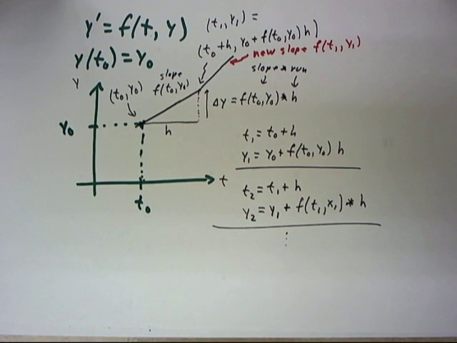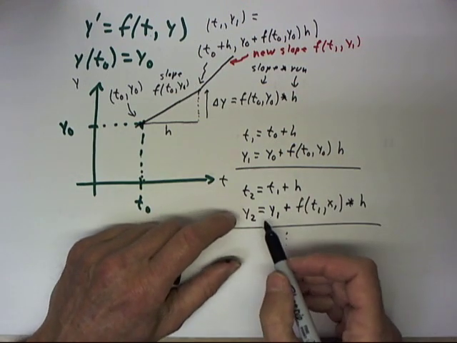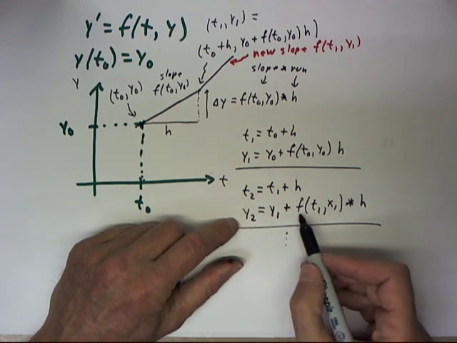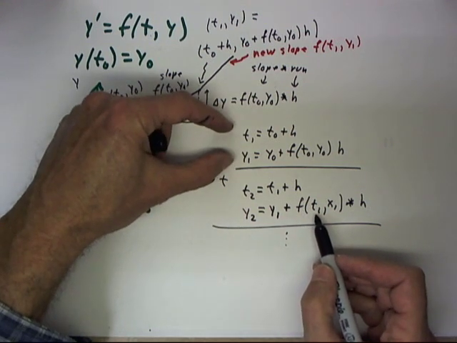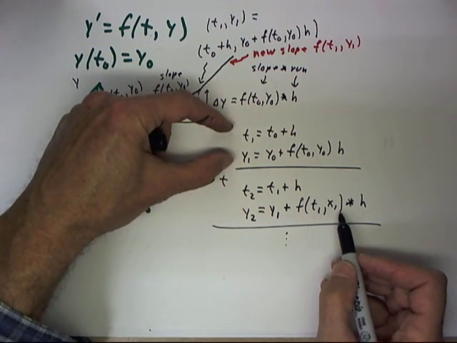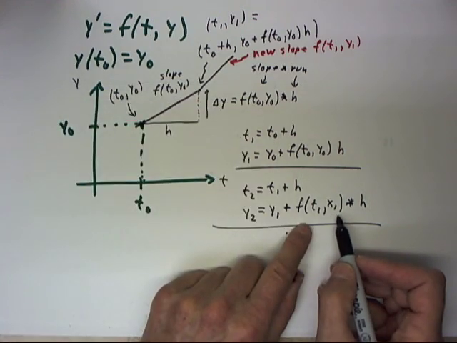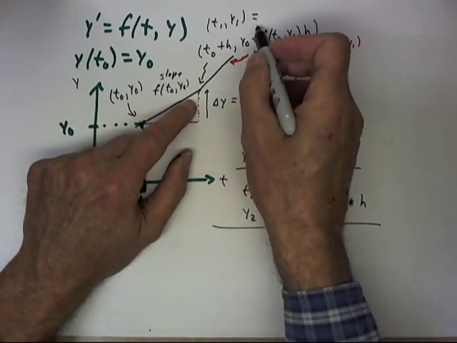In general, we're going to be able to keep iterating this process. We simply evaluate our function at the point we found, t1, y1, to get the slope that we use to project forward to the next point.